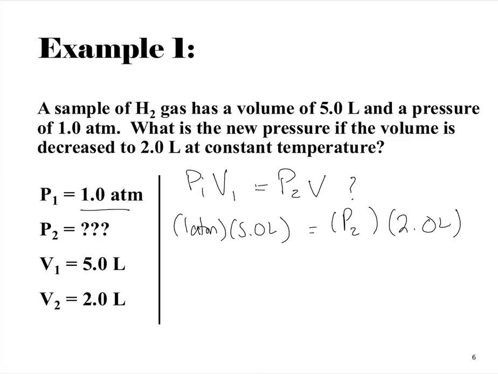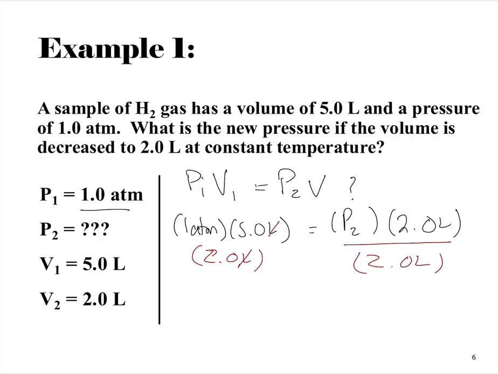So we have to isolate P2 here. And how do we isolate P2? Yep, divide by 2 liters on both sides. What happens to the units of liters on the left-hand side here? Cancels out. So what's the only unit that we should be left with on the left-hand side?